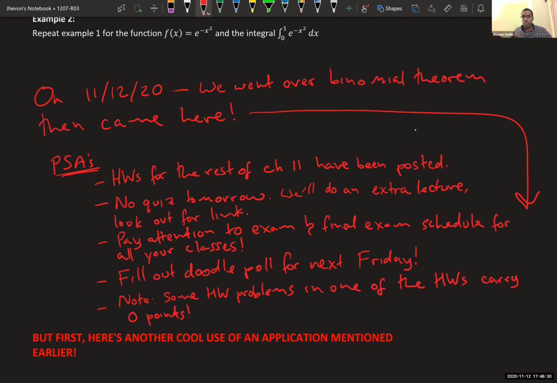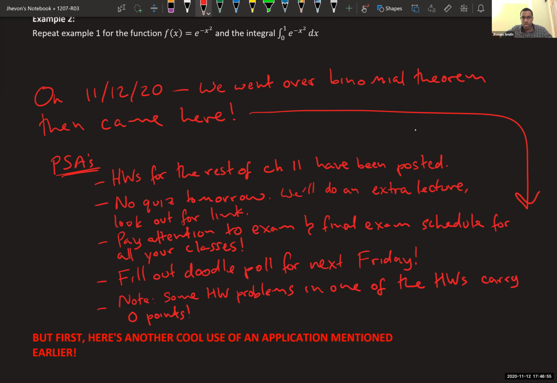There were some problems in the homework about some of the applications that I mentioned here that I said I won't test you on. I just put those in the homework in case in the future I do it with one of my Cal 2 classes. But I put them as 0 credits, so you can skip them without penalty if you want. There are some questions that ask you about the binomial theorem and some other things like that.